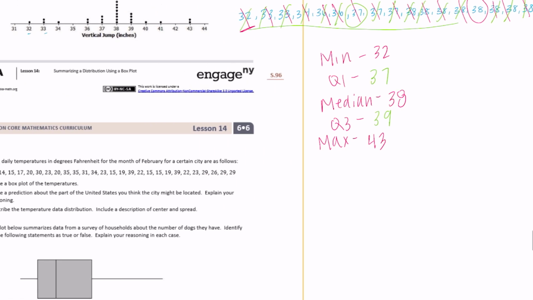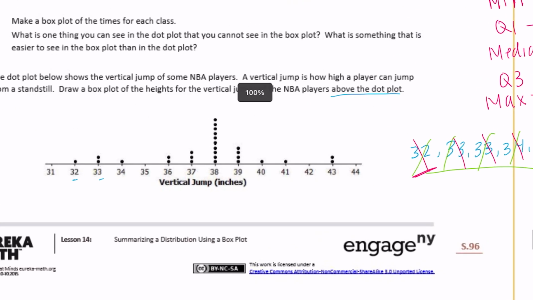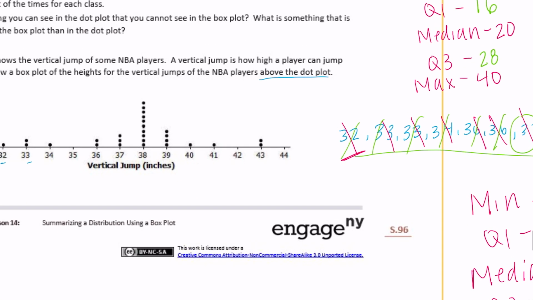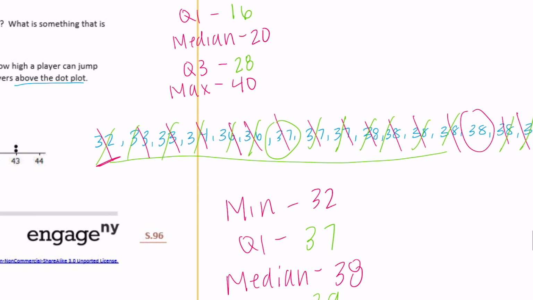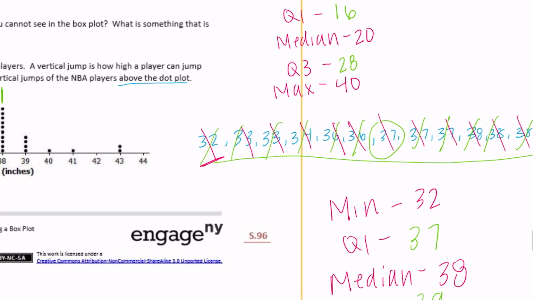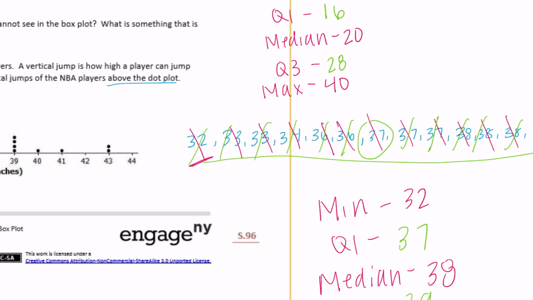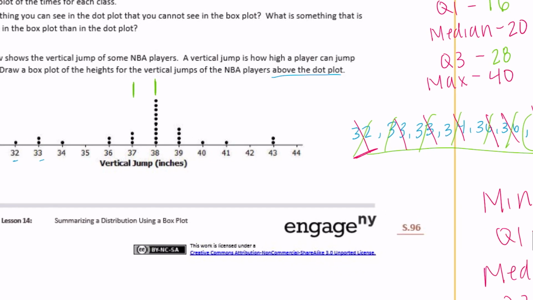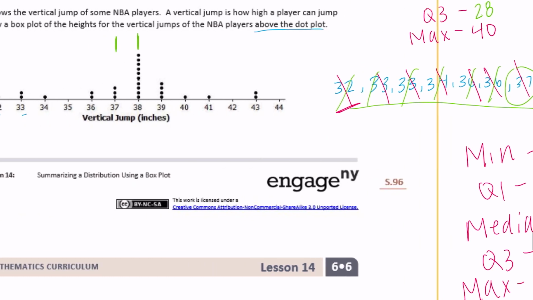So if we were to draw a box plot, it says draw a box plot above the dot plot. So let's just draw it on top of it. The median, start with that, is 38. I'm going to draw a line there. Quartile 1 is 37, and quartile 3 was 39.